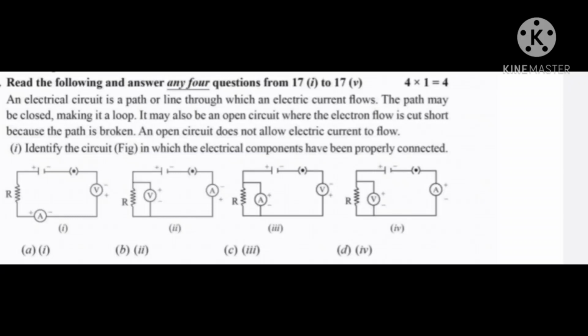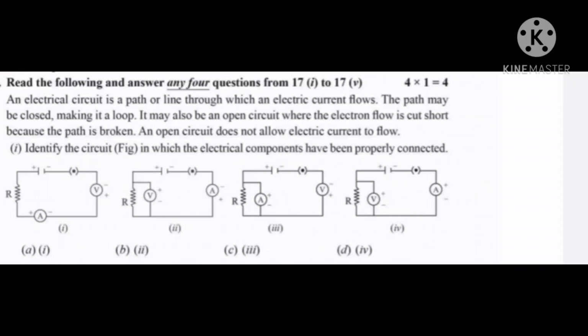Identify the circuit in which the electrical components have been properly connected. So while discussing Ohm's law circuit diagram, I have mentioned how to connect a voltmeter, then an ammeter, battery, everything, how to properly connect it in a circuit.